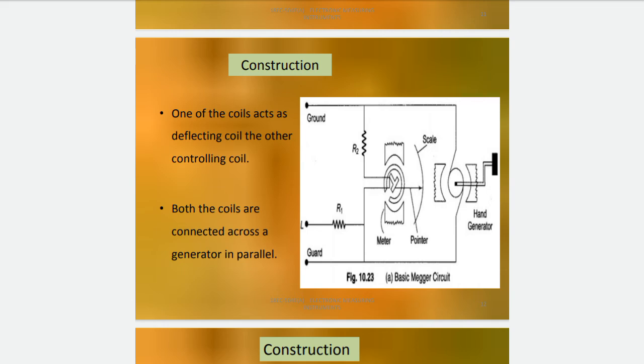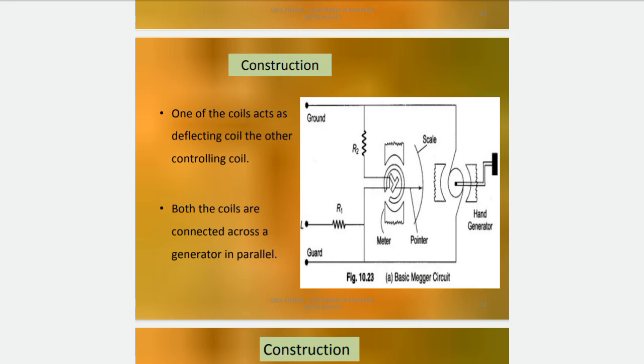The third terminal is connected to the earth, and is also joined to the lead sheath of the cable, which is at ground potential.